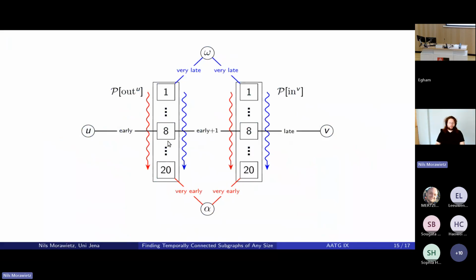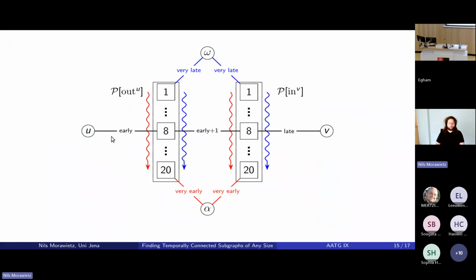And now it's essentially the old reduction, but plugging in this gadget instead of each of the auxiliary vertices. So very early, we can go with the red path in all the auxiliary gadgets to vertex 20 and distribute to alpha in both of them here. Then we go from alpha to omega by selecting some vertices of the multicolored clique and distribute with very late edges to the vertices 1 of all the auxiliary gadgets and continue with the blue path through the gadgets to distribute the information to all the vertices of these auxiliary gadgets.